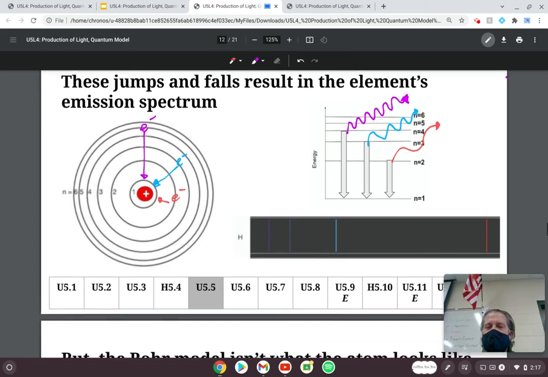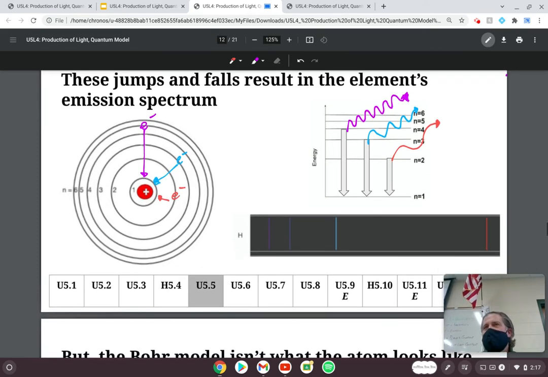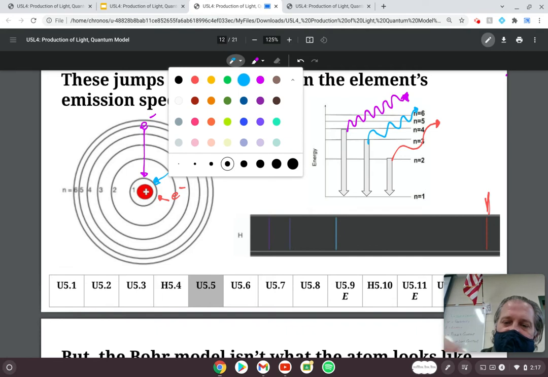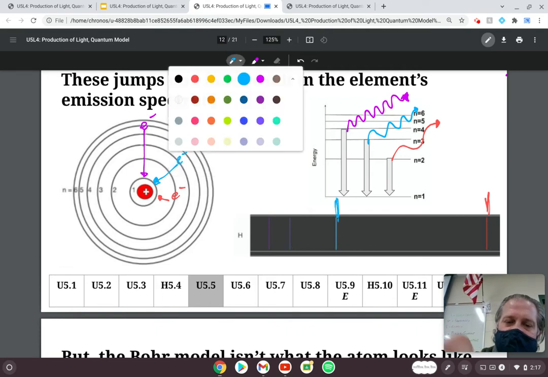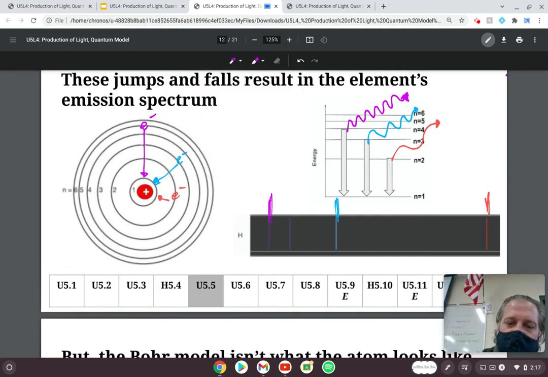And so each of these absorptions and releases of energy correlates to a line on the emission spectrum of that particular atom. Does that make sense? Maybe. Hopefully. Sort of, kind of.